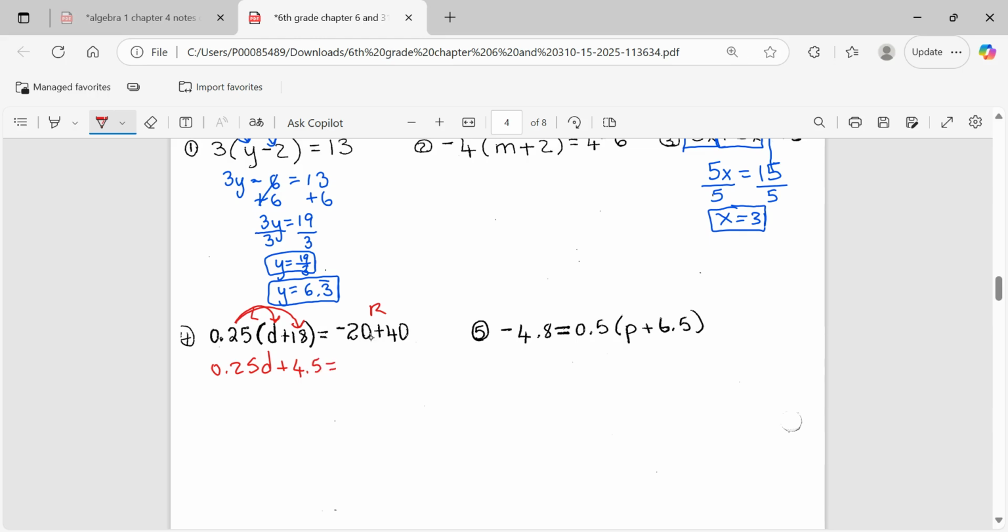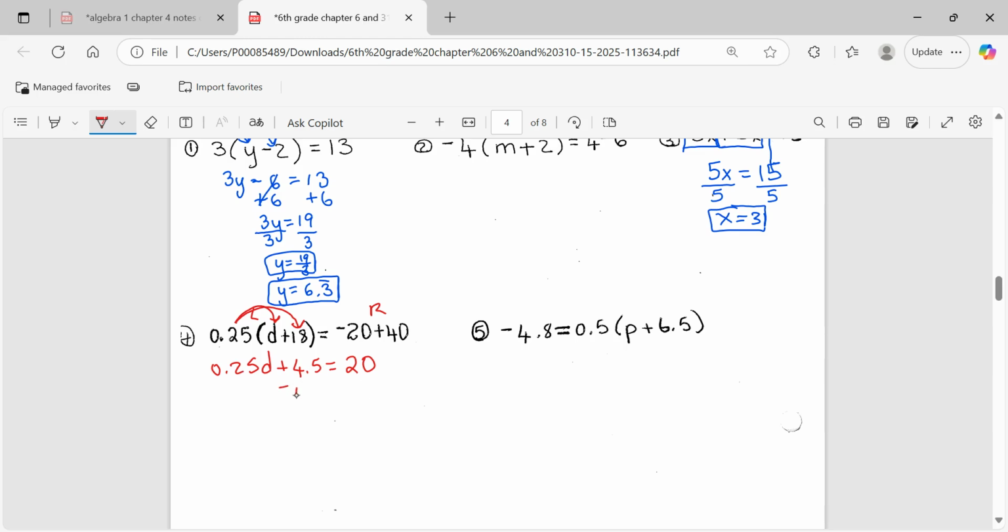And then that's equal to, on my right, I can simplify because these are both like terms. They're both numbers. So when I simplify negative 20 plus 40, I'm going to get a positive 20. Now it looks like a two-step equation again.